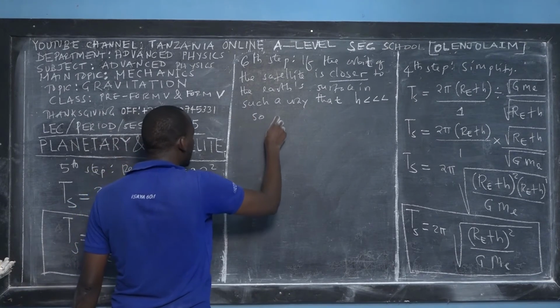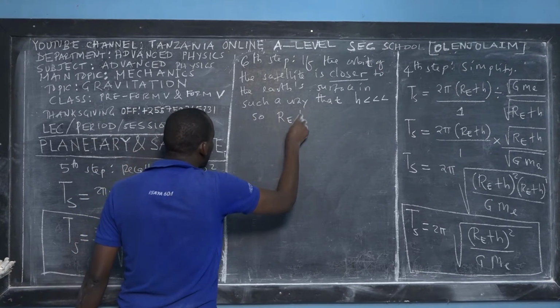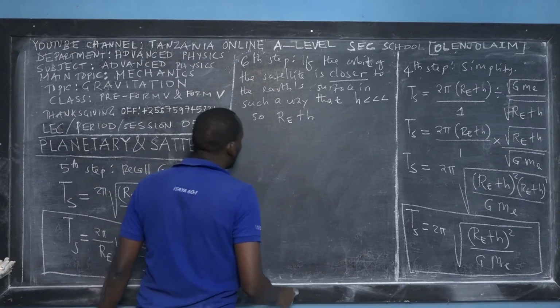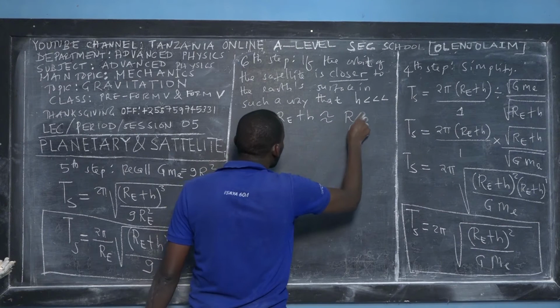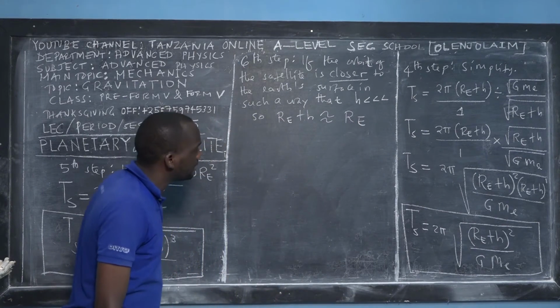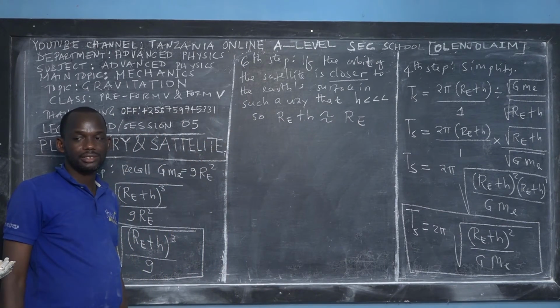So, if that is the case, it means the sum of the radius of the Earth plus the height is closely estimated to the radius of the Earth.